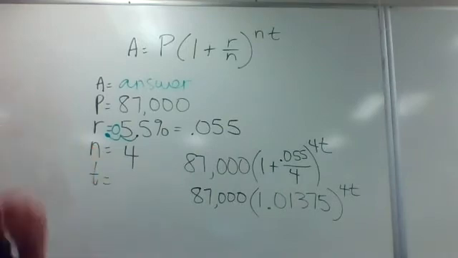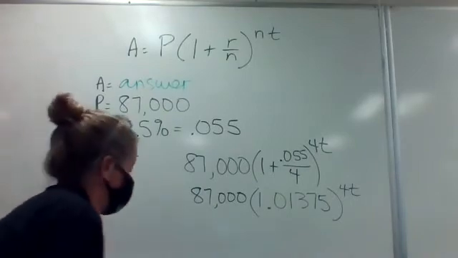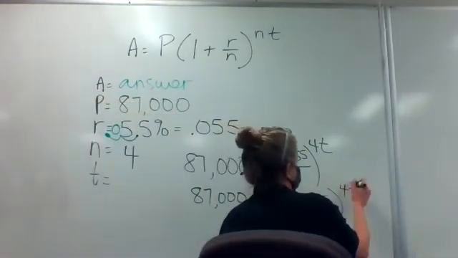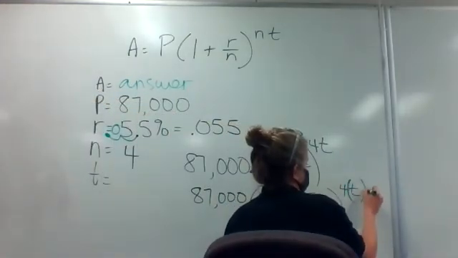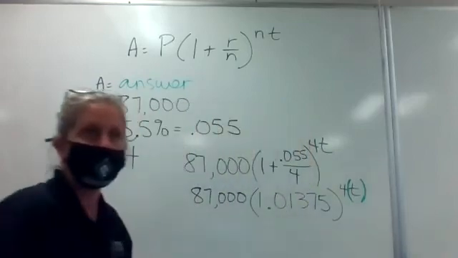Now, the second part of this question says, okay, how much money in the account at 0 years? So again, what's changing on all the rest of it is what you're putting in that T spot.